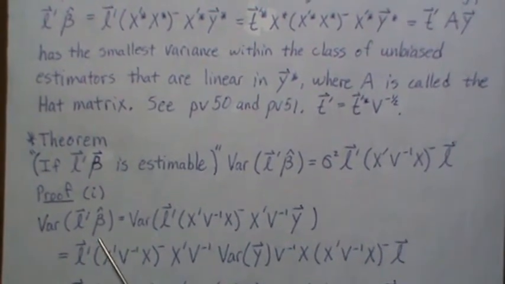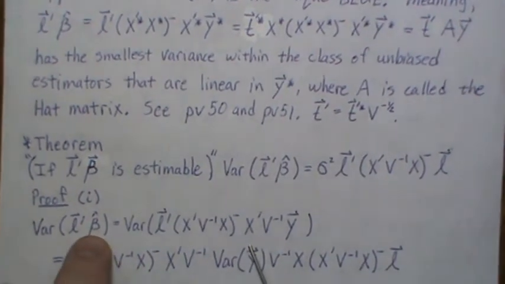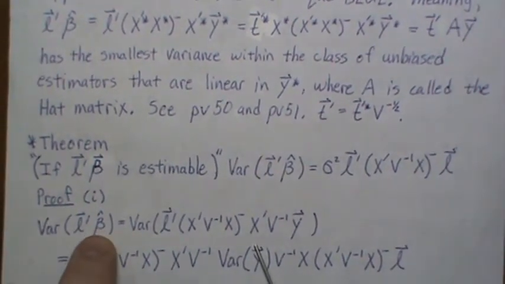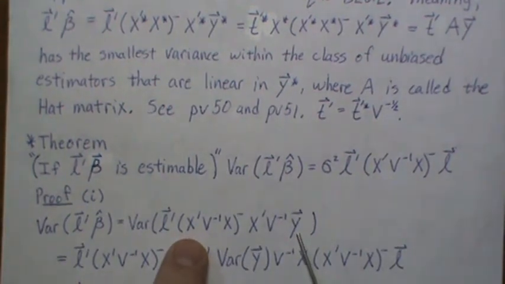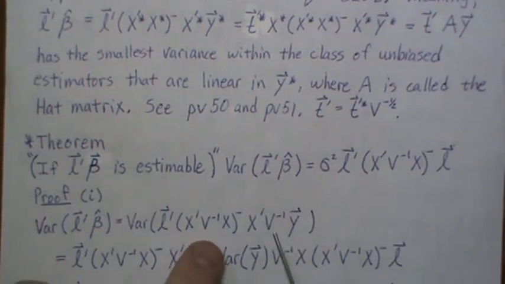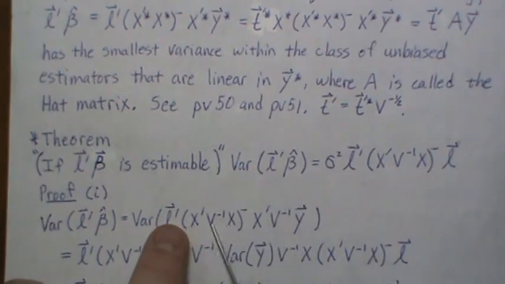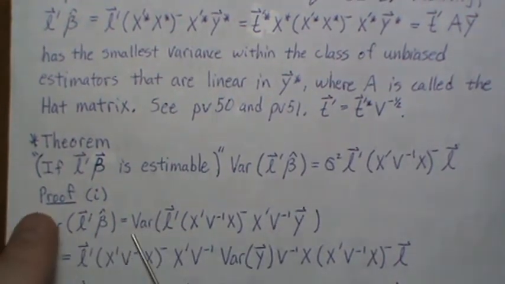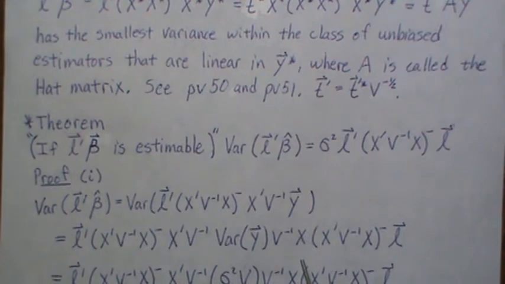So the variance of this linear combination is this. So that is the weighted least squares estimate for beta, which is what this is. Okay. So then to find this variance, the only variable is Y. So all this stuff here comes out, and then it comes out back transposed. And that's what this next step is.